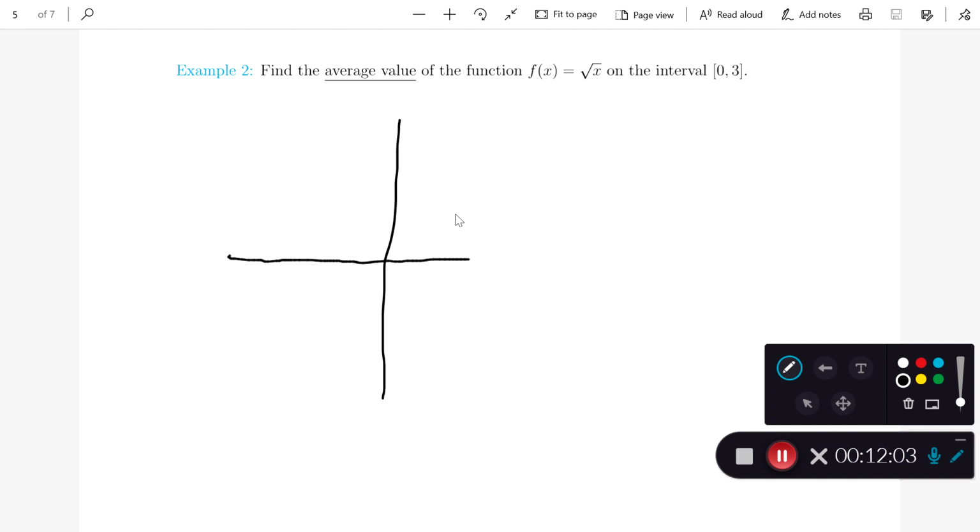Now, f of x equals square root of x, that's one of the graphs that you really ought to be able to have memorized. The value that we got, if you punch it into a calculator, it's a little bit more than 1. So this is sort of a visual of what the average value looks like. And that, remember, is only from 0 to 3.